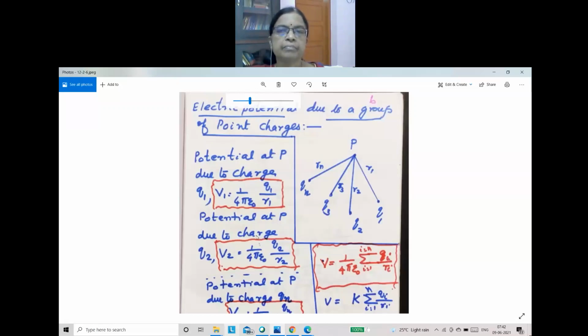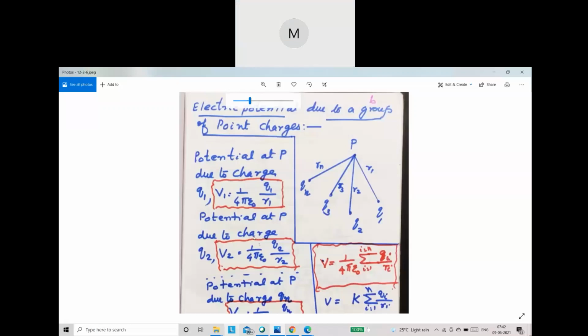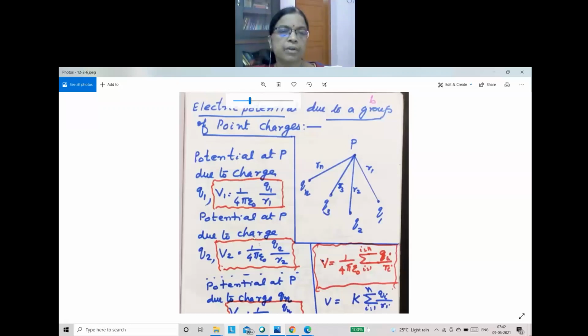Scalar quantity. Electric field is a scalar or vector? Vector quantity. Then flux is a scalar quantity, E dot ds, dot product.